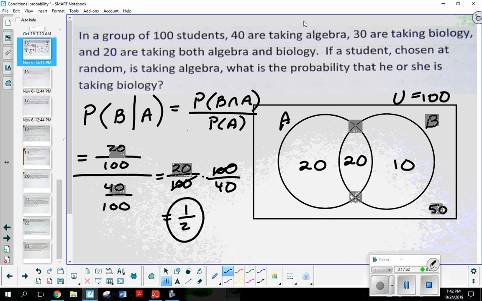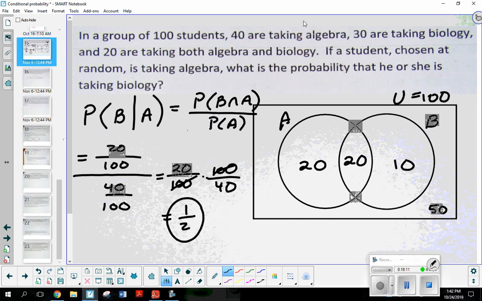also takes algebra. And remember, this is one thing that we keep talking about when it comes to conditional probability. Conditional probability is the probability of an event, knowing that some other event has already occurred. So you're not looking at the entire sample space.